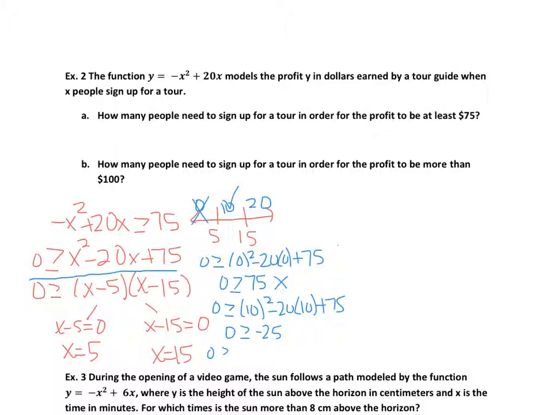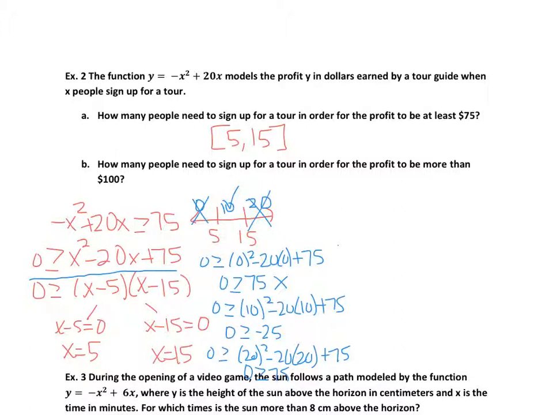So 0 is greater than or equal to 20 squared minus 20 times 20 plus 75. And that gives me 0 is greater than or equal to 75, which is a false statement. So my only solutions are between 5 people and 15 people. Can they make a profit of at least $75?